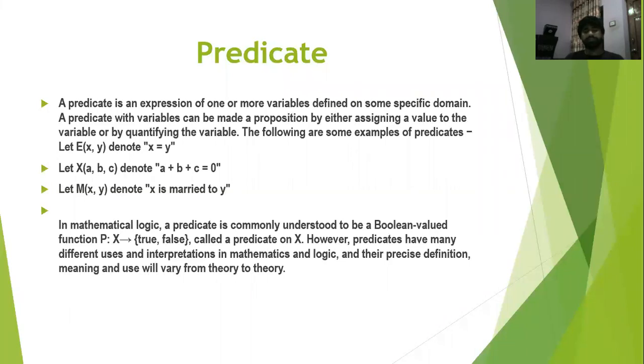What is a predicate? A predicate is an expression of one or more variables defined on some specific domain. A predicate with variables can be made a preposition by either assigning a value to a variable or by quantifying the variable.